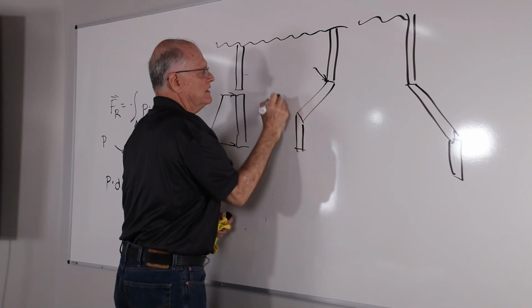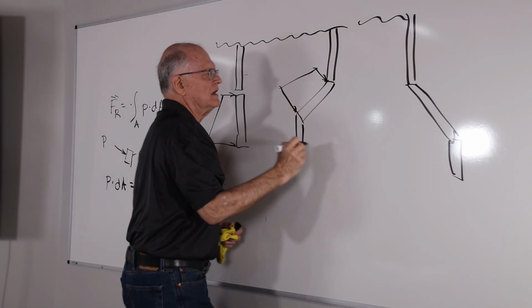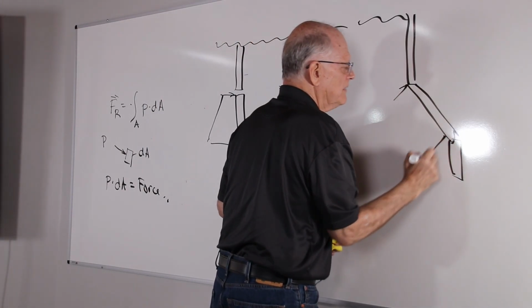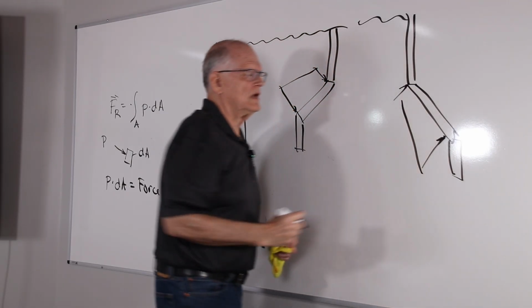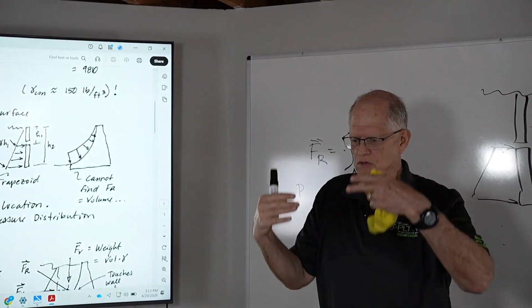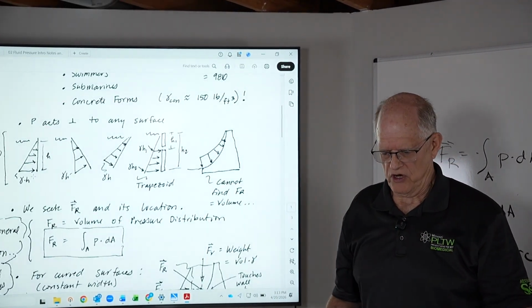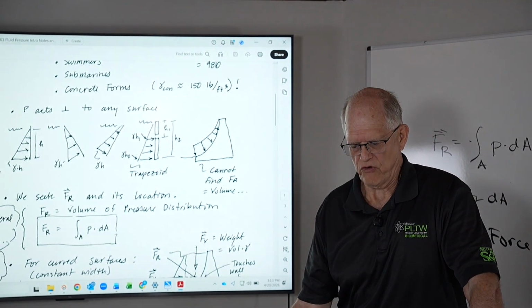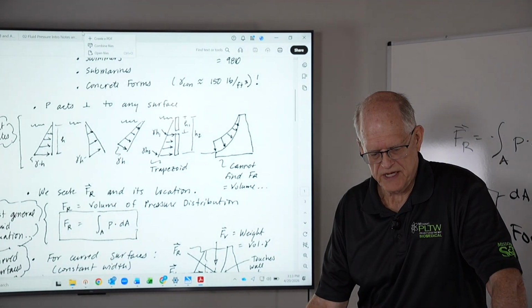This is gamma h1, gamma h2. This is gamma h1, gamma h2. And so whenever you see a plate that's submerged, it's going to have a trapezoid on it. And in a few minutes, I'll show you the formulas. There's kind of standard formulas.